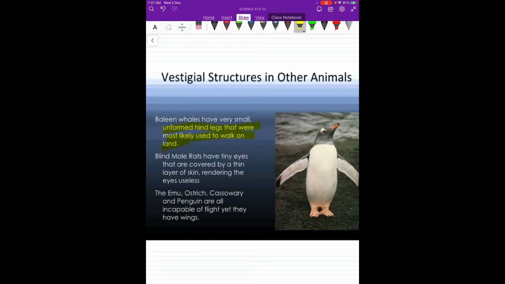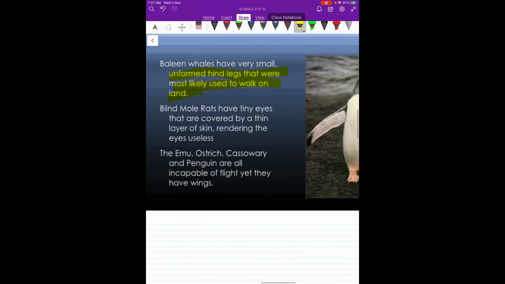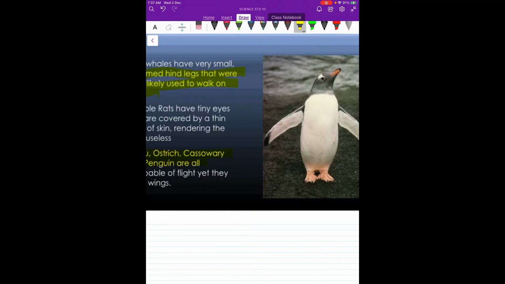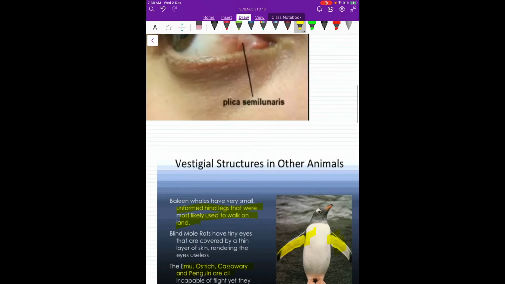They were most likely used to walk on land. Similarly, blind male rats have tiny eyes that are covered by a thin layer, rendering the eyes useless. Then the emu, the ostrich, the cassowary and the penguins have wings, but they are incapable of flight. It is because they have always walked. If you see the penguin, it is modified, and such organs are called vestigial organs.